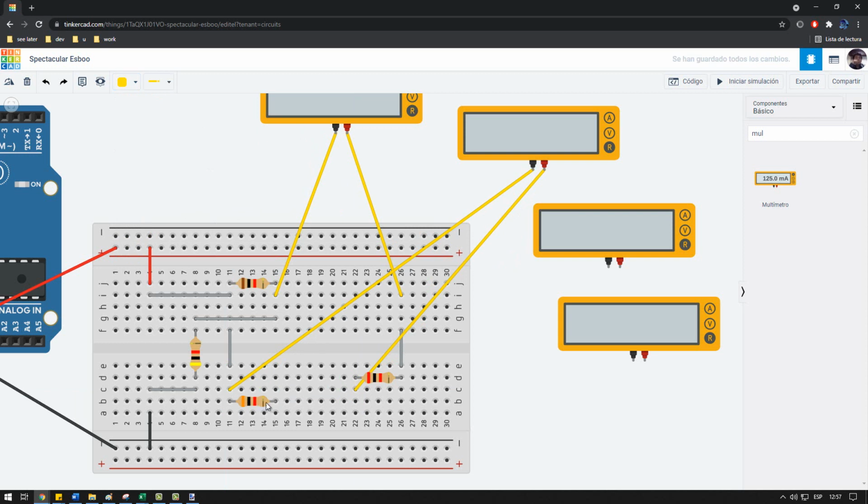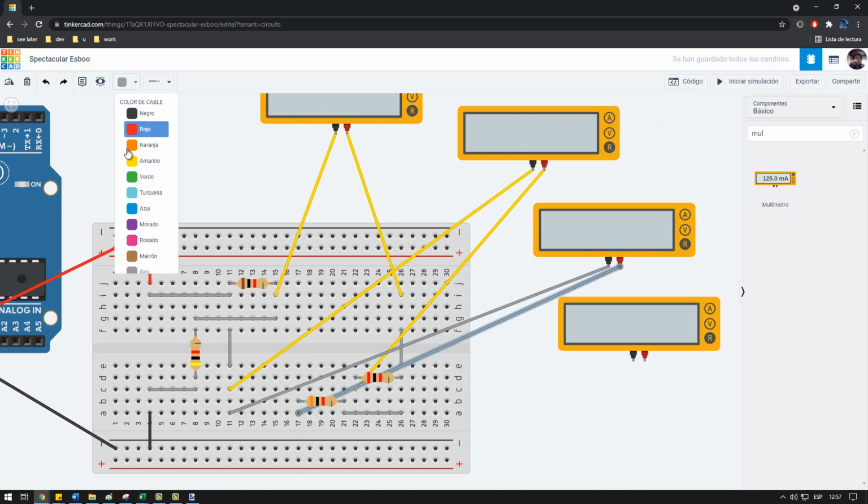And R3 I'm gonna place here. I wanna extend the connection here. This gray, and of course I use this multimeter to extend the connection to the original point. Okay, like this.